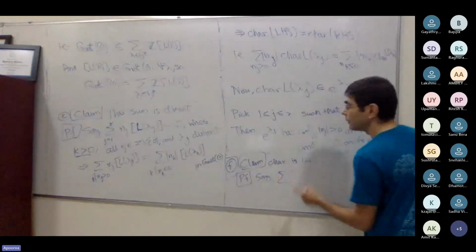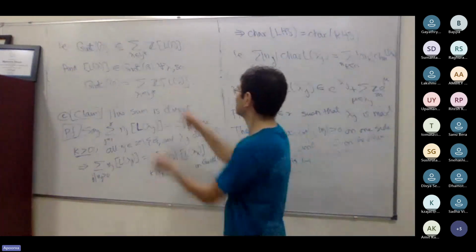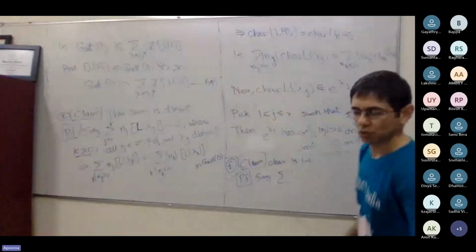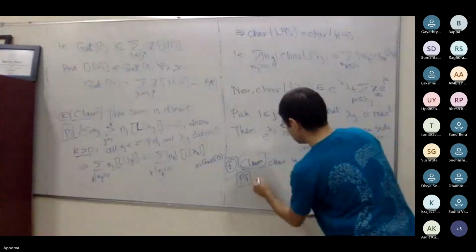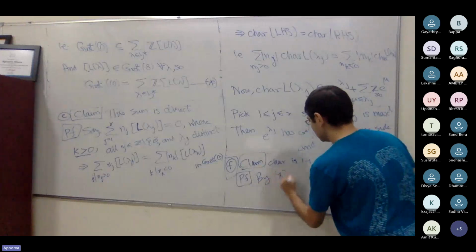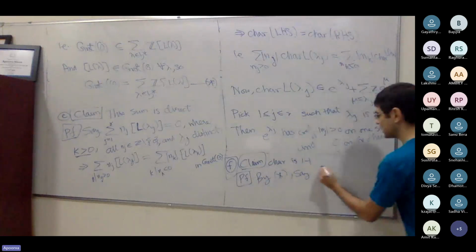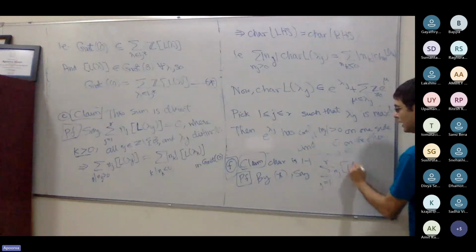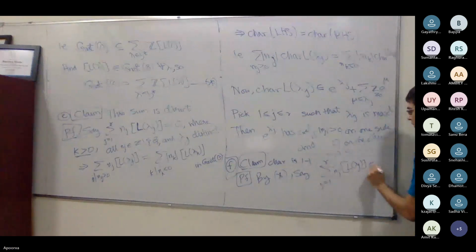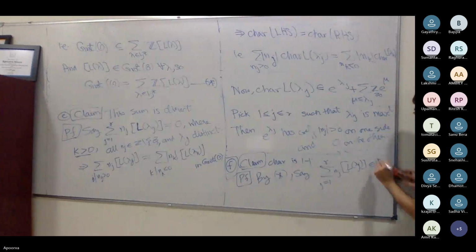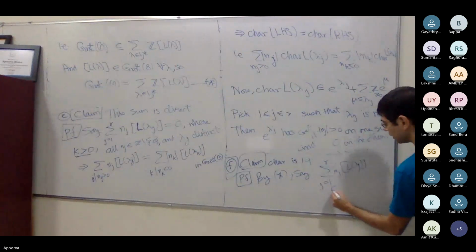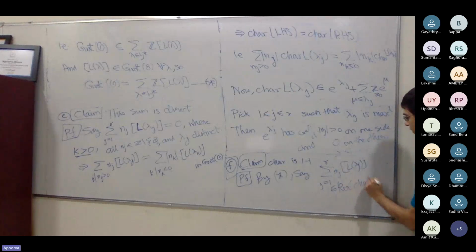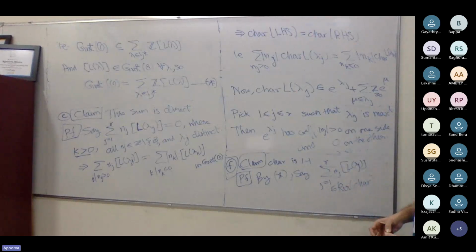So suppose, by this star, let's label that equation star, the summation over j from 1 to r of n_j L lambda_j belongs to the kernel of this character map. Then what happens?